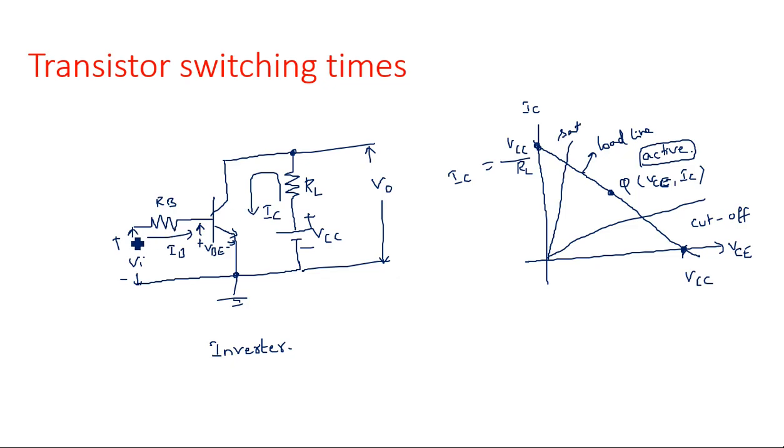Suppose if you give input as 1 volt, output will be 2 volts or 3 volts depending upon the amplification factor. Such characteristics you can observe in the active region, whereas this region is saturation and here it is cutoff. In switching action, switching takes place between these two regions, cutoff and saturation.